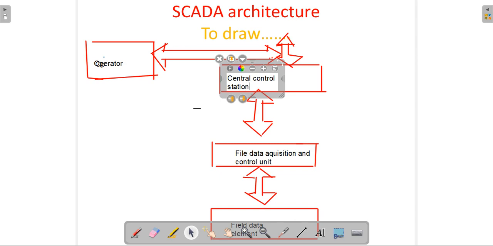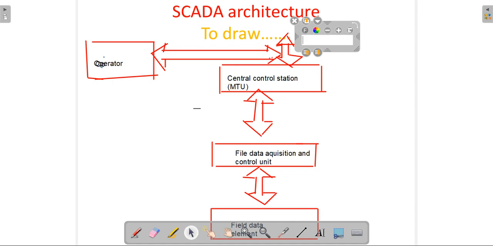I hope you are all drawing properly these things. This is also called as MTU, Master Terminal Unit. Then you have here HMI.